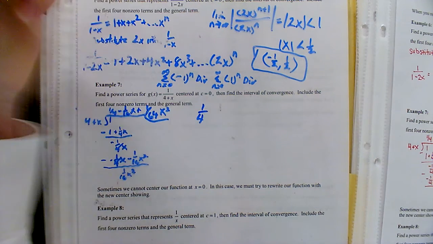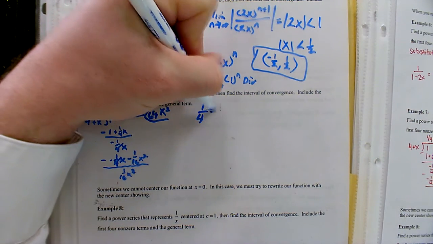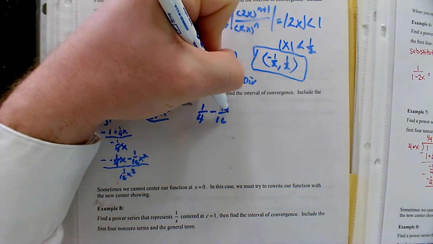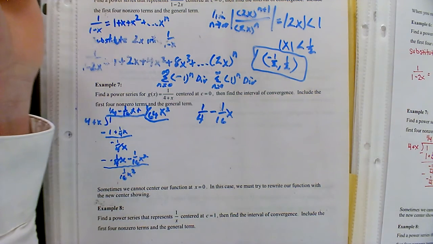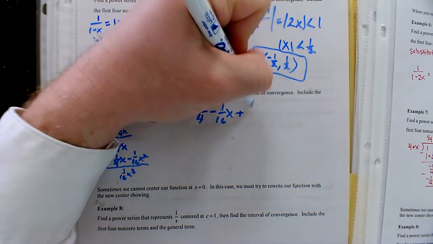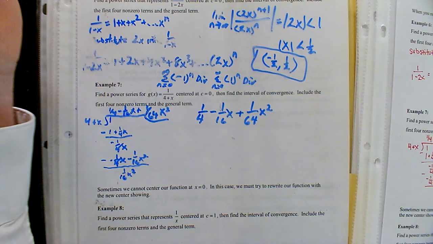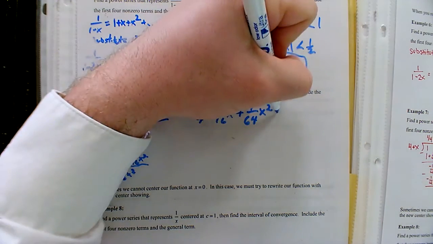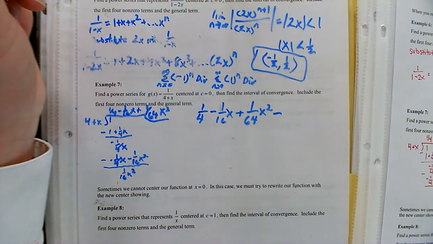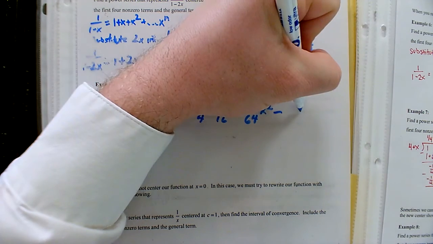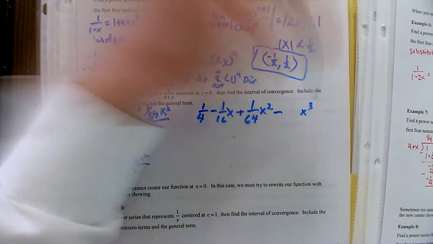1 over 4, that's the first term, minus 1/16 x plus 1 over 64 x squared minus, it's alternating, what do we think the next term is going to be? We're going to have x cubed.